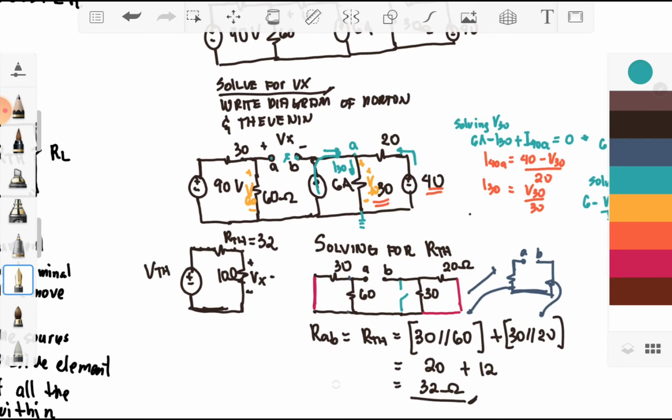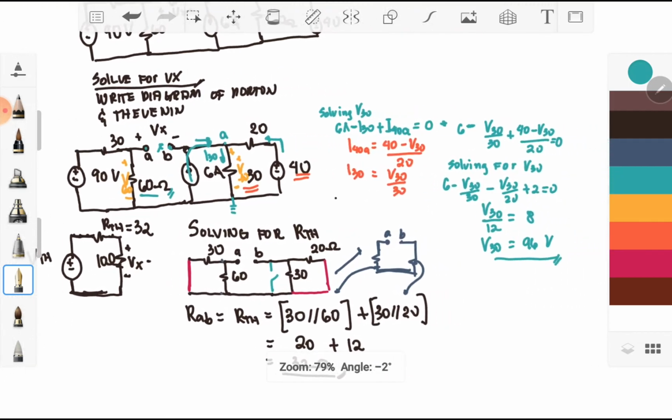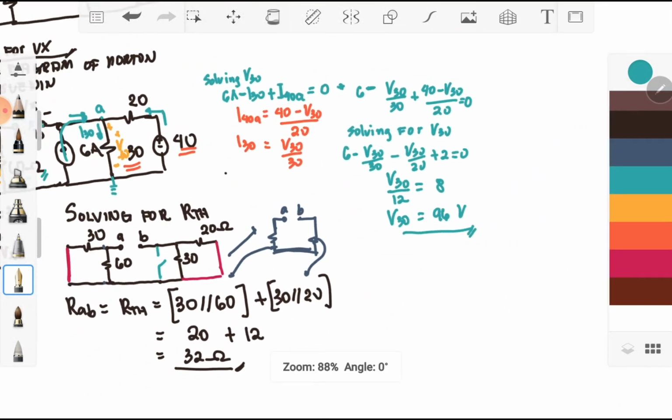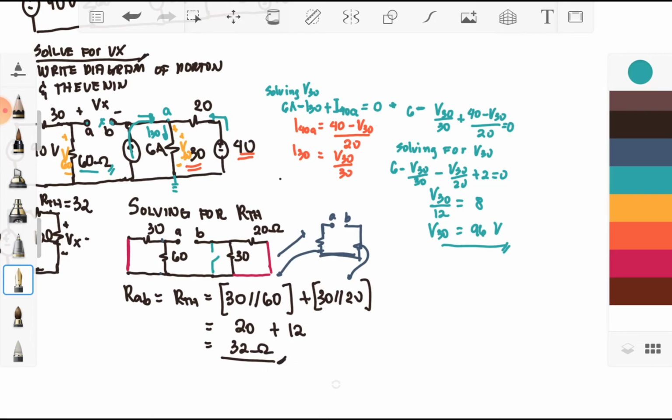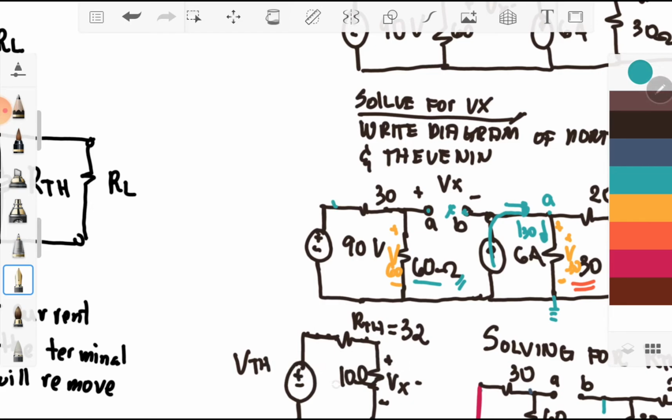Next, we will solve for your V60. So solving for V60, I'll write it here beside it. So your V60 is just equal to, using VDT, or your voltage division theorem.